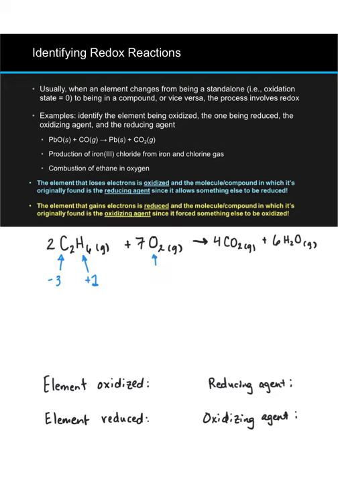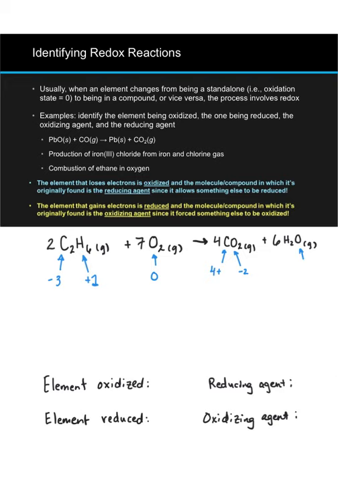Oxygen in its elemental form all by itself gets a 0 oxidation state. Whereas oxygen in carbon dioxide, the most electronegative element, gets a -2 oxidation state. There are 2 of them, so carbon must have a 4+ oxidation state here.